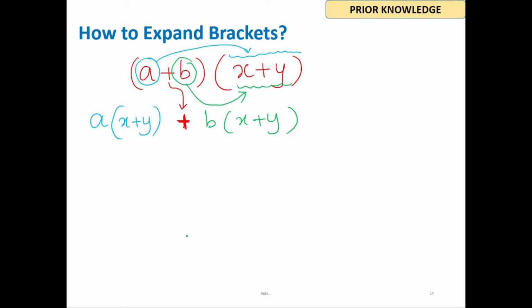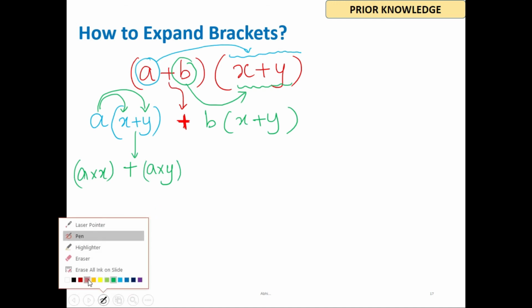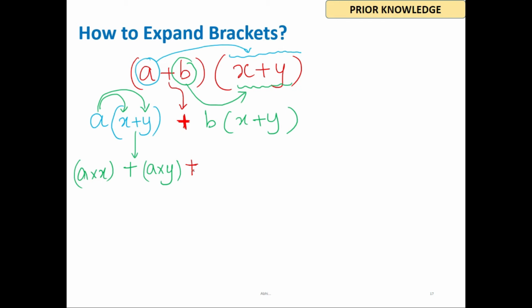Now it makes things easier. So this is a multiplied by x, and then you have the plus coming down, and then you multiply a with y. Now you can put appropriate brackets to make it easier. And now this plus sign is exactly copied below. It's the same thing.